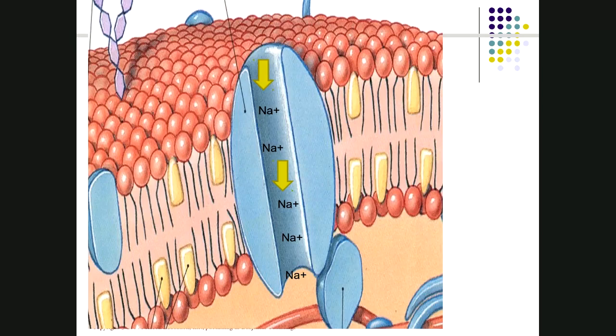So here again is our membrane. There's our phospholipid bilayer. Here's our cholesterol. There's our sugars. These are proteins. And this protein is hollow. And look, there is a pore. And this one only allows sodium to go through. So this is a sodium leak channel.